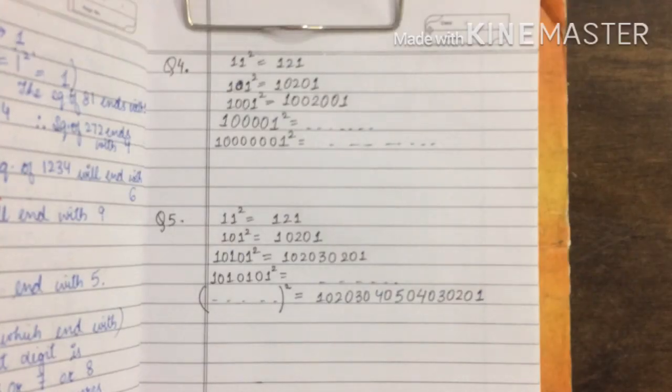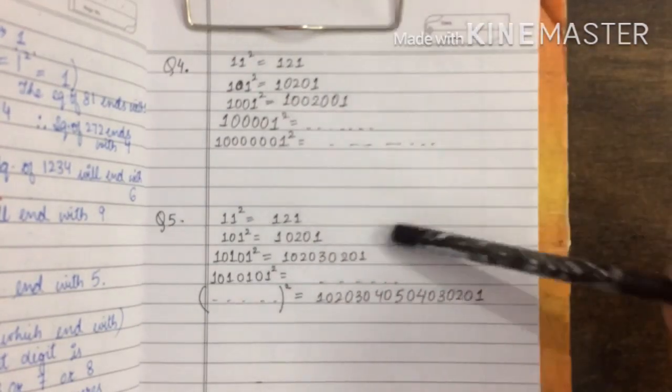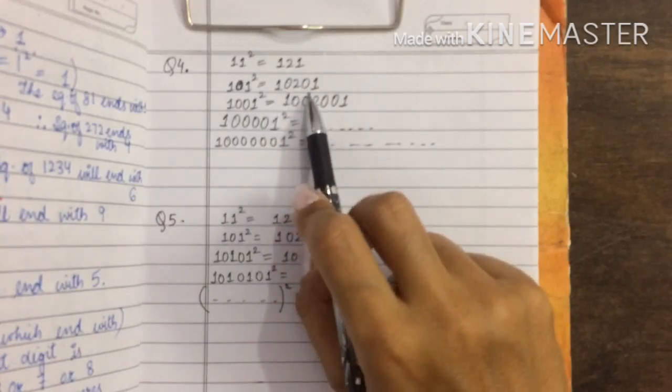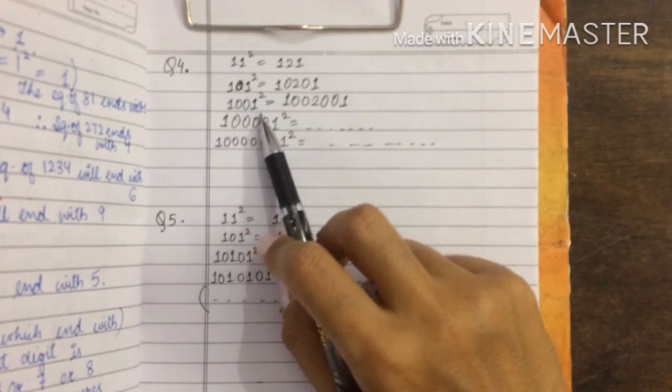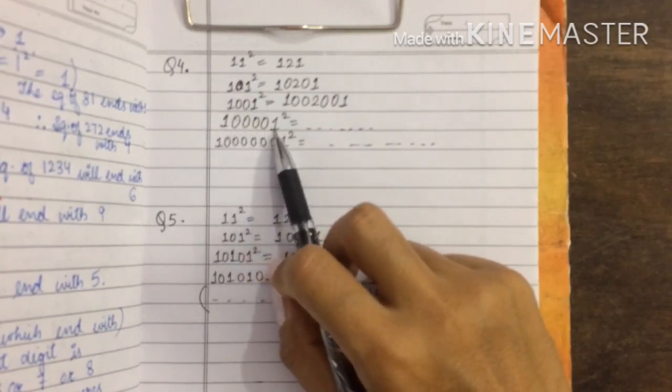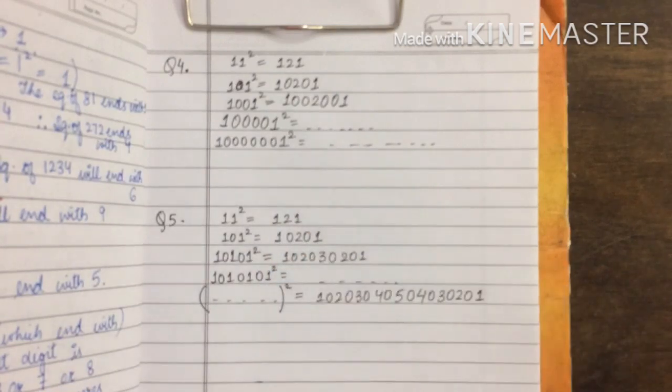Question number 4 and question number 5 are observe the pattern and find the missing digits. So what we have here is some patterns. In question number 4, we have 11 square equals 121, 101 square equals 10,201, then we have the square of 1001, and then afterwards the square of 1,01,000 equal to what.